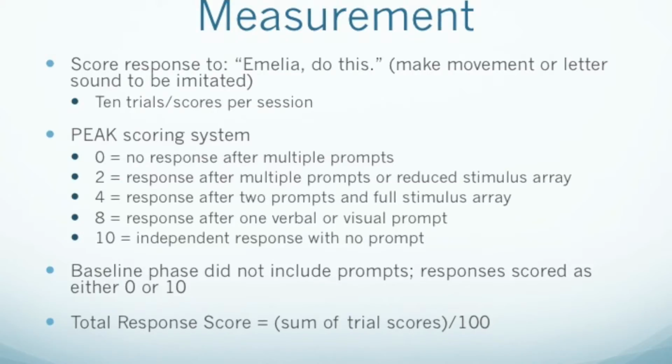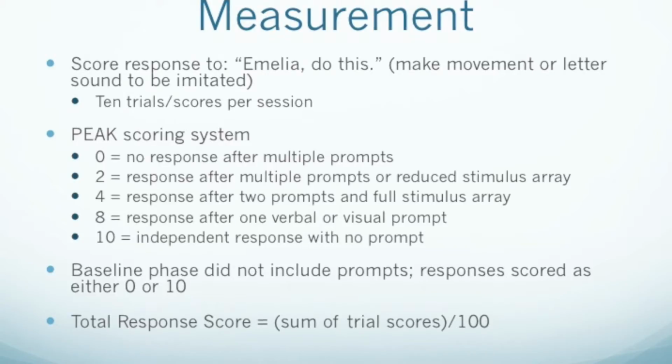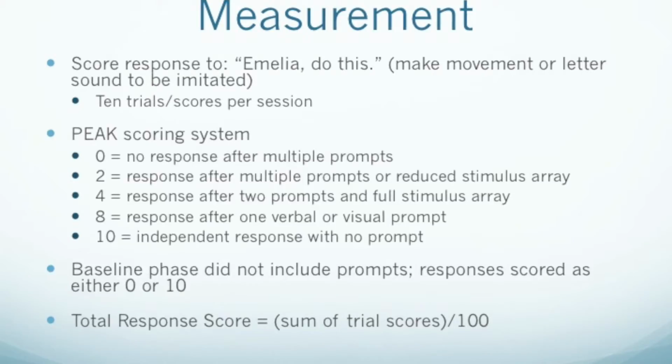So because of that, we would score the response as either a 0, that she did not give the correct response, or a 10, she did give the correct response. And once we had a score for all 10 trials in a session, we would calculate the total response score. So we would add up the scores from each trial and then divide that sum by 100.